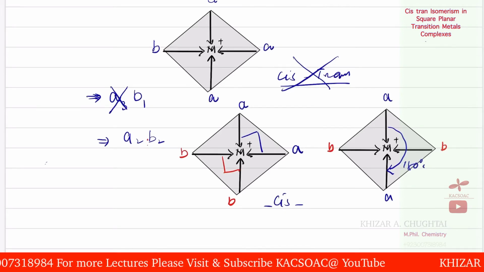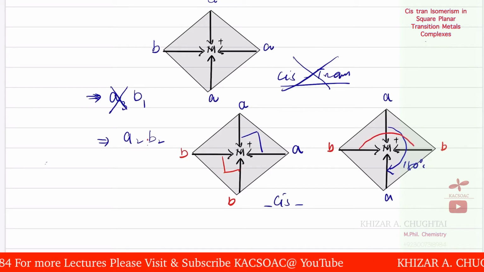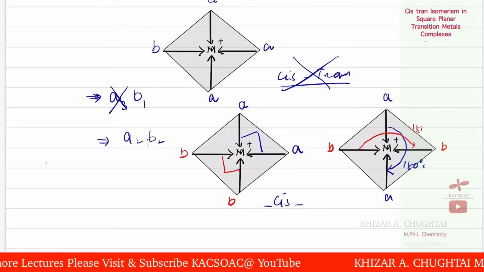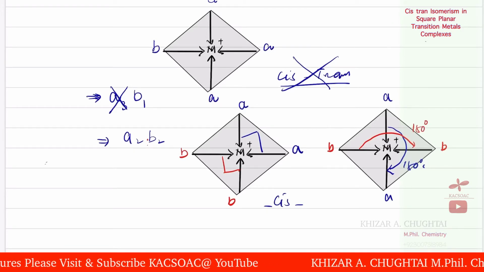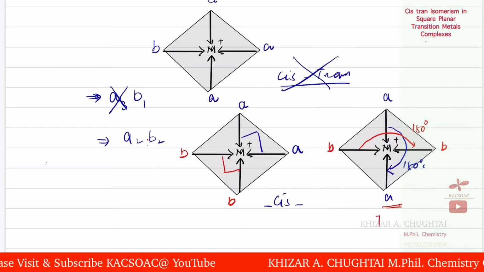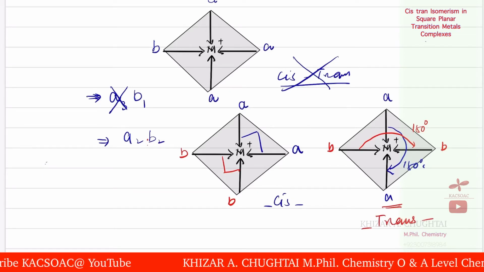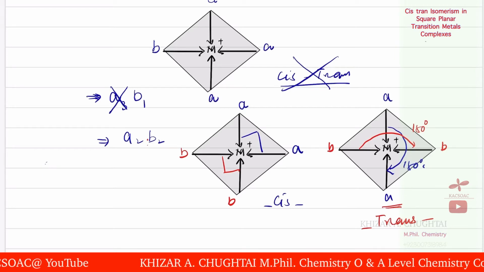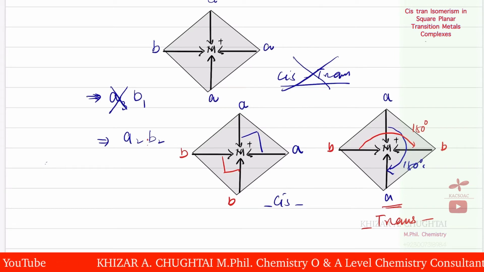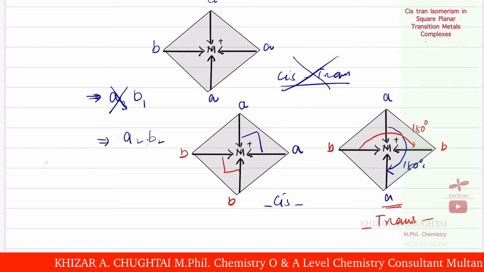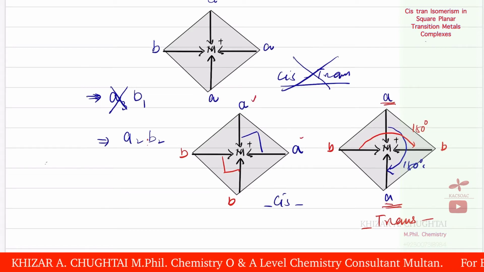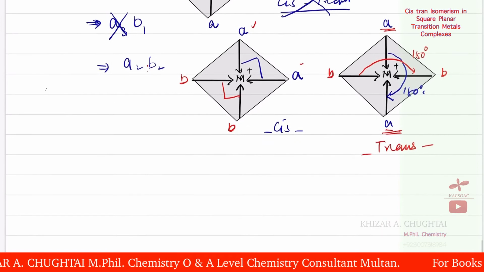Same is the case with the B ligands, the second type of ligands. Those are also present at 180 degrees. So this case is the trans case. This complex has the isomerism known as trans isomerism, it is a trans isomer, and the previous one is the cis isomer.